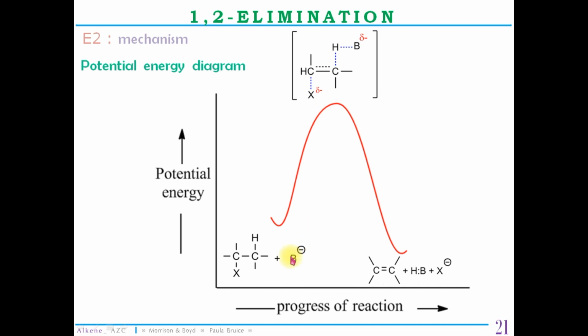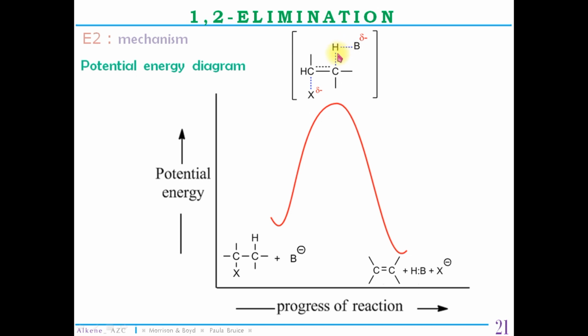Now the negatively charged base shifts electrons toward this hydrogen and forms a bond, so there is a partial bond making process with delta negative charge on the base, as the base is using electrons to make this bond.